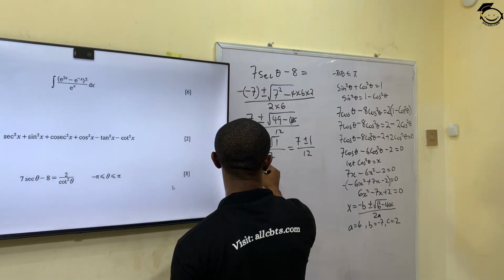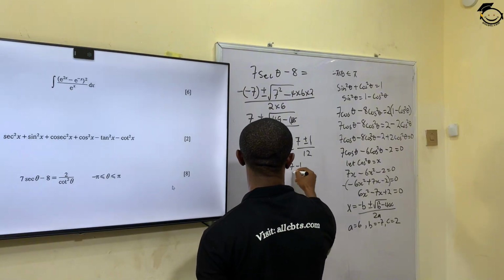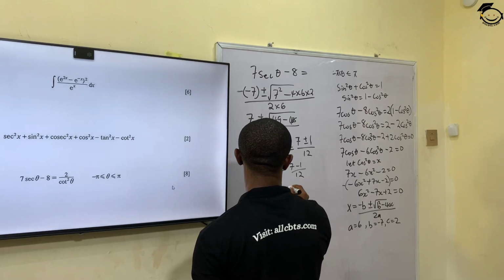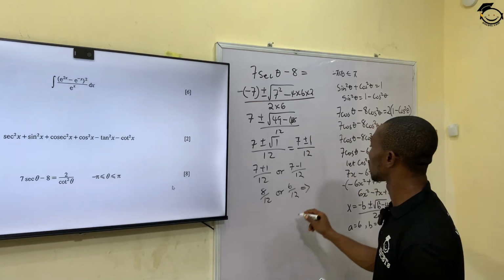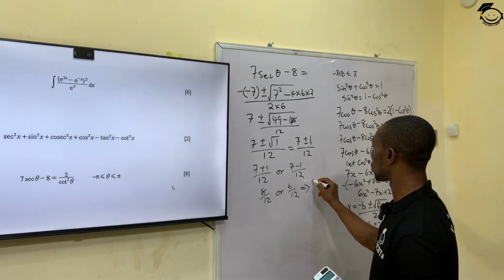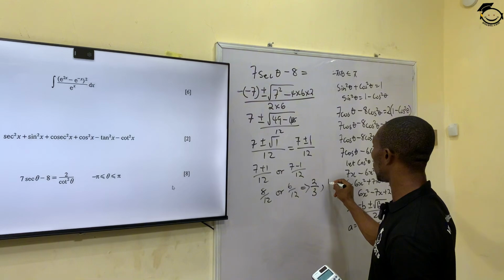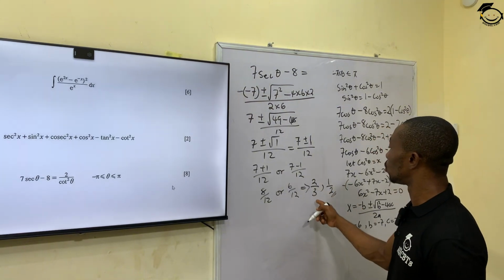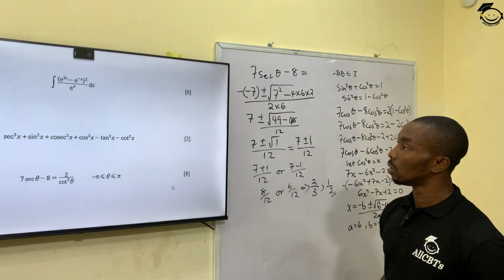So this will give us 7 plus 1 over 12, or 7 minus 1 over 12. So this is 8 over 12, or 6 over 12. So we have our x as, 4 here, 4 into 12, 3, or 6 here, 6 into 12, 2. So we have our x as 2 over 3, or 1 over 2.